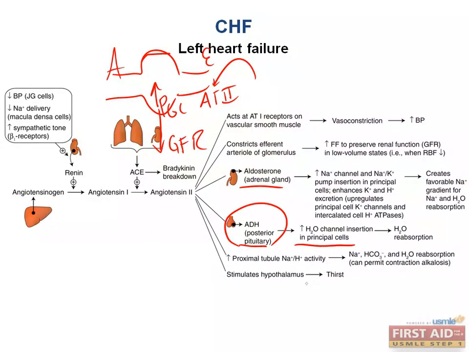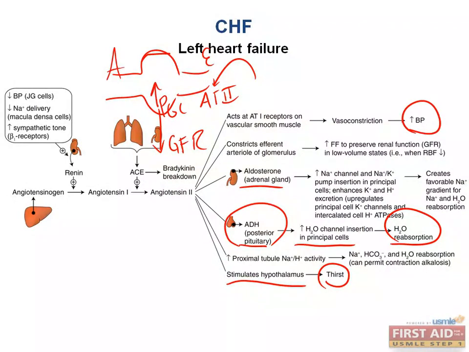So we get more aquaporin channels inserted in the distal convoluted tubule and the medullary segment to increase free water reabsorption. And again, it tells the hypothalamus that we are thirsty because when we drink, we get fluid and we increase our intravascular volume. So it's important to understand that it does a lot of things with the net effect to increase our blood pressure.